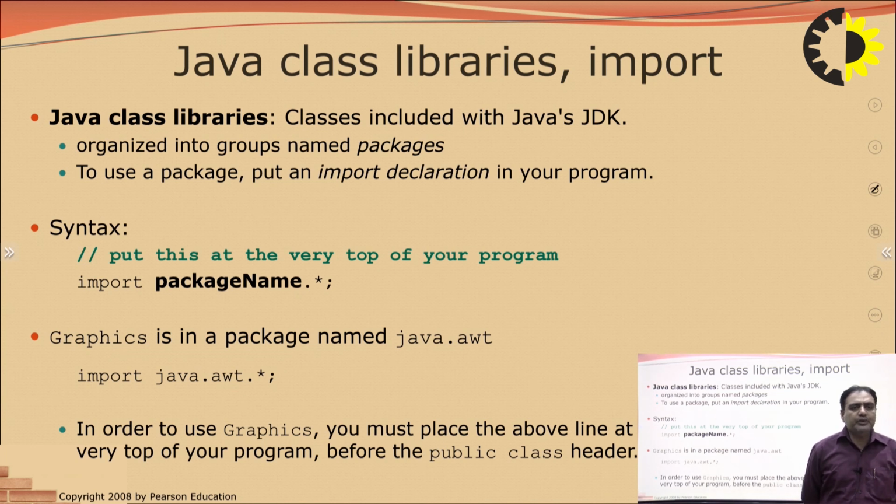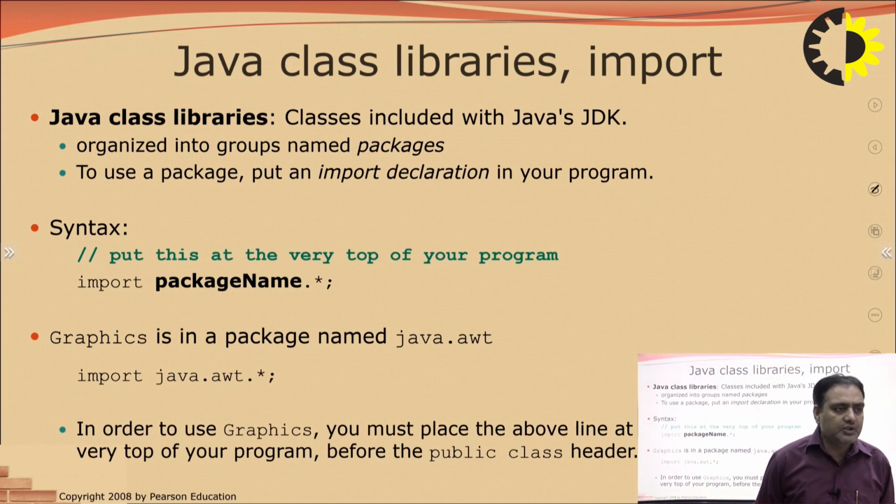So how can you use it? We can use it through the import keyword: import java.awt, the Abstract Window Toolkit. It is a package name, and we mention here import java.awt.*; What do we mean by dot star?